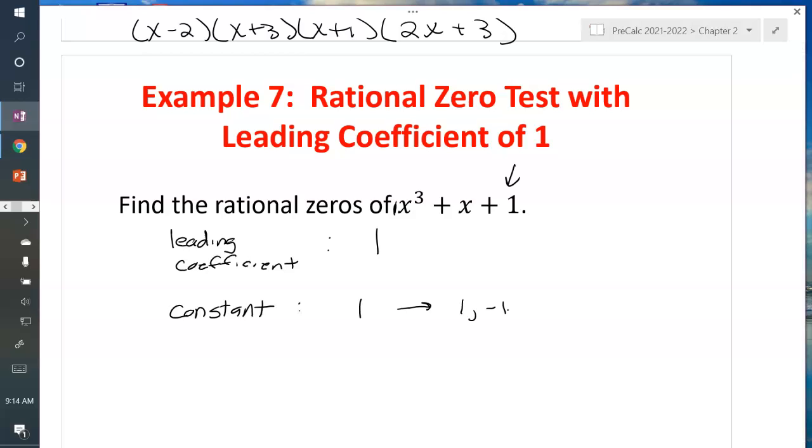And you're going to write all the possible factors of your leading coefficient. That's also 1. Let's just use 1. And then you're going to put all your possible constant terms, all those factors, over all your leading coefficient factors.